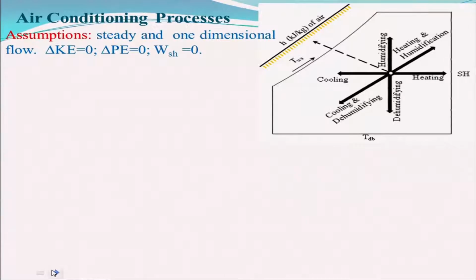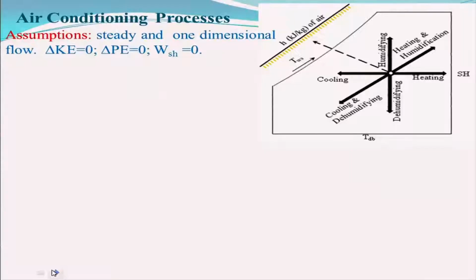So we want to analyze these air conditioning systems. What will we have to do? We will have to make our standard assumptions, because this is a flow process, that is, a steady flow process, and we consider it one dimensional for simplicity. In the actual case it will be 3-dimensional, but for our case we are considering one dimensional.